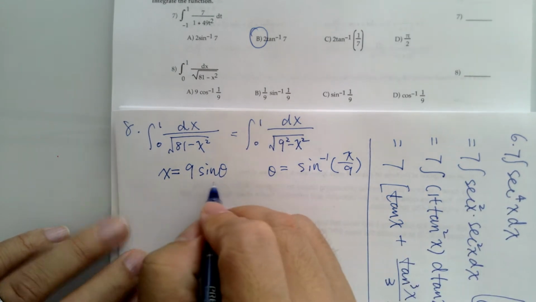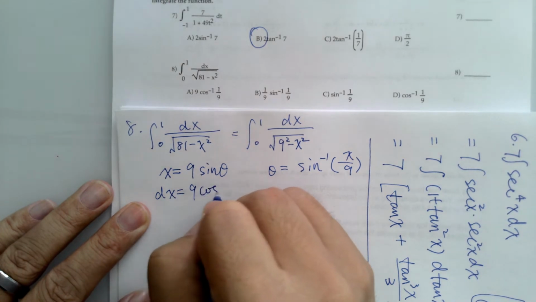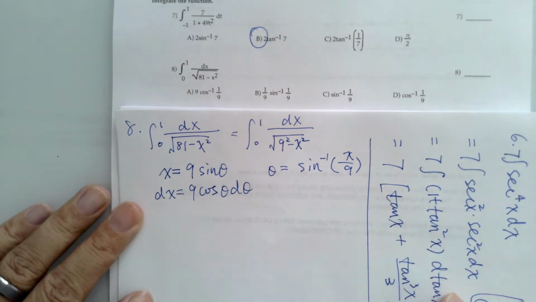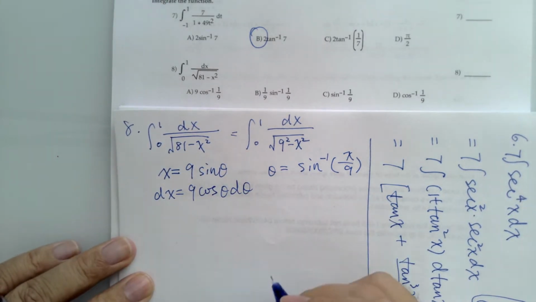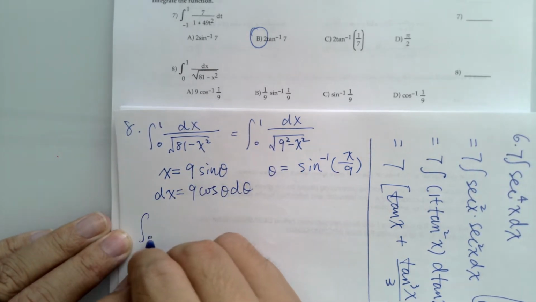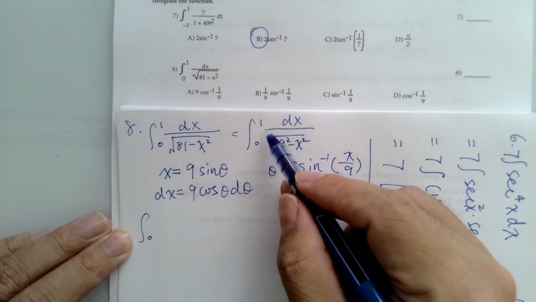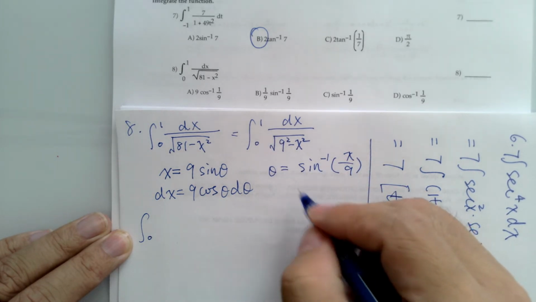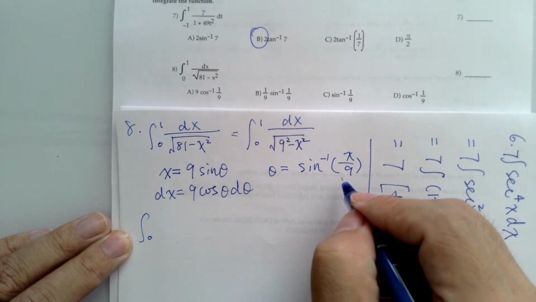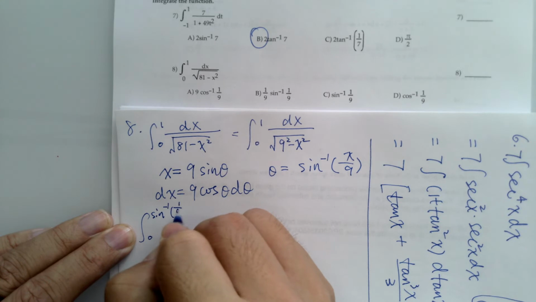So why do we do this? Because dx is going to become 9 cosine theta d theta here, right? Okay, and then when you do the substitution, by the way, when x is from 0 to 1, theta is going to become from 0 to sine inverse of 1 over 9.